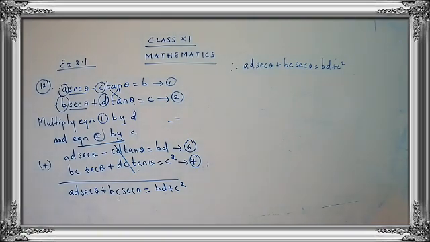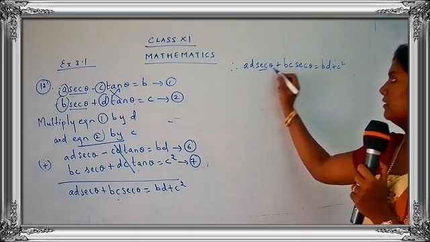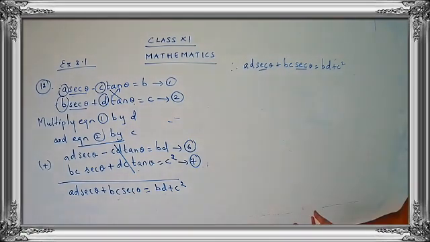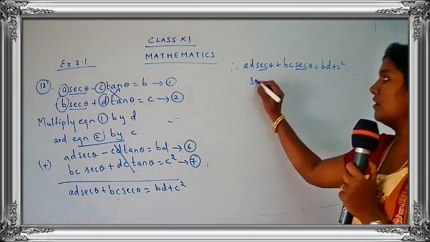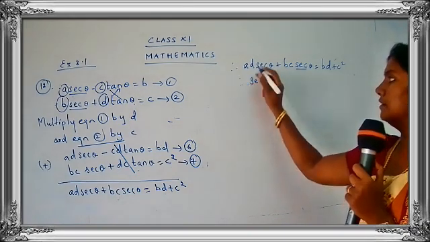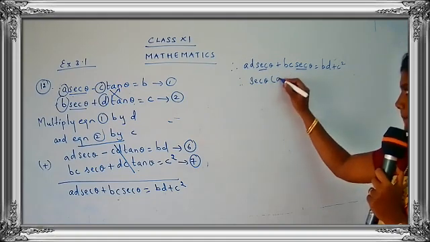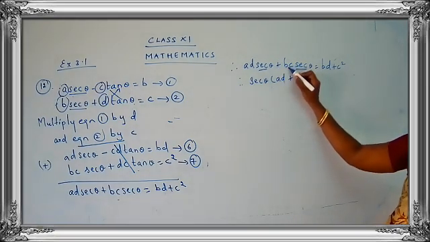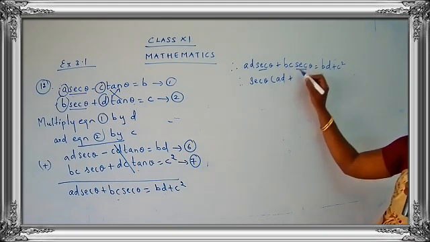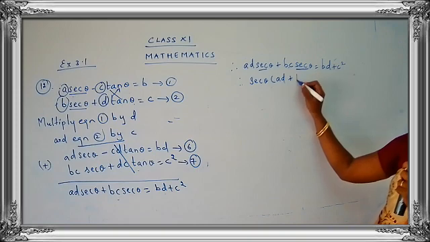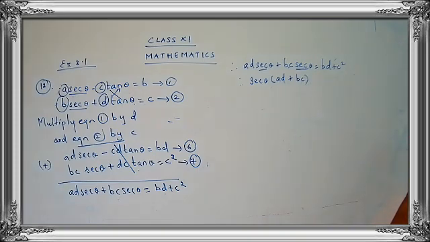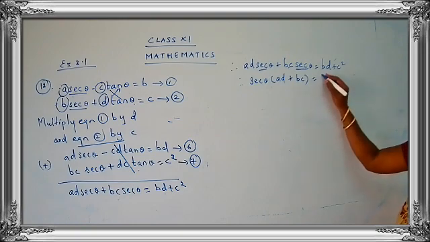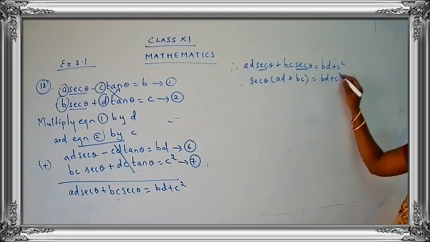Yes, children? Now, just see the common part here. What is common here? Sec theta can be taken as common. So write down sec theta. What is left here? AD. What is the main sign here? Plus. What is the term left here? BC. So I get sec theta into AD plus BC, which is equal to BD plus C square.